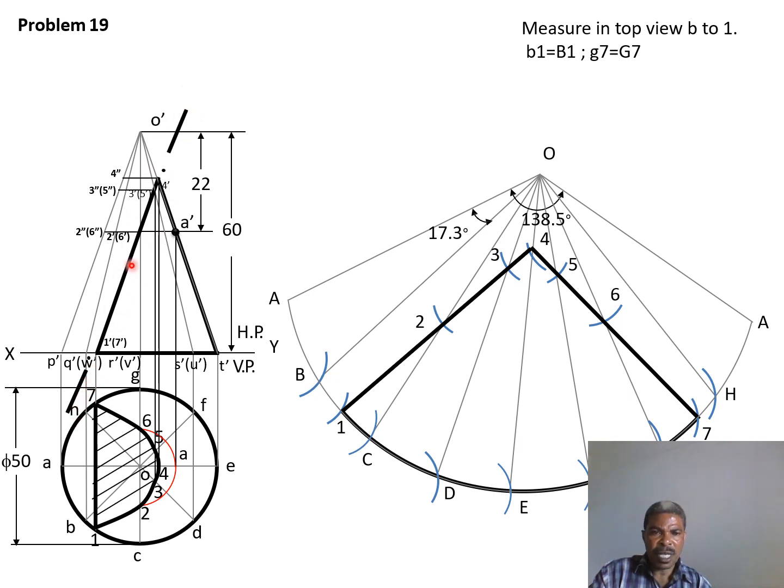So after you have obtained this, you have to use the same procedures. The points obtained through cutting this line will be projected until they meet this very line of truncation here, which will then be projected towards the line for our true length.